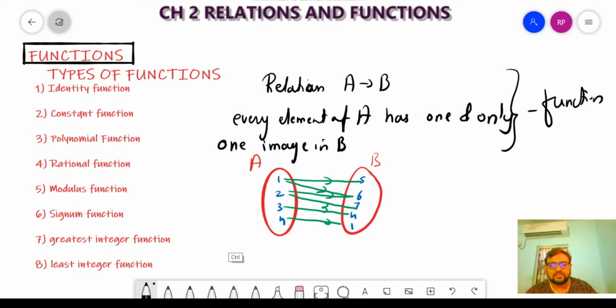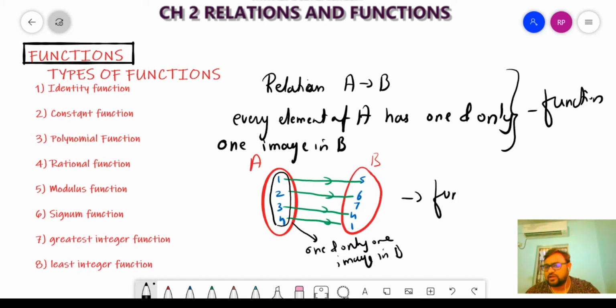Now, if the relation is like this: 1 has image 5, 2 has image 6, 3 has image 4, and 4 has image 1. That means each element of A has one and only one image in B. Therefore, this is a function.